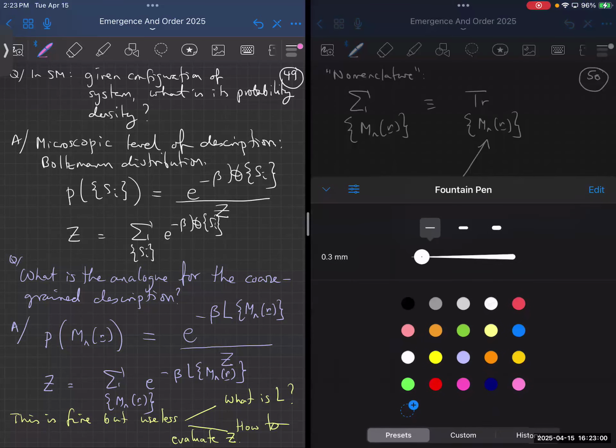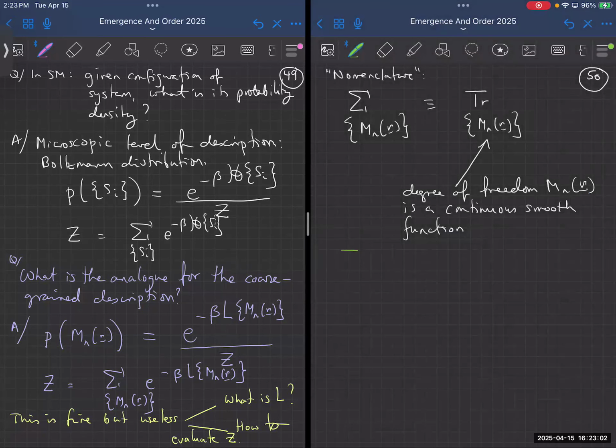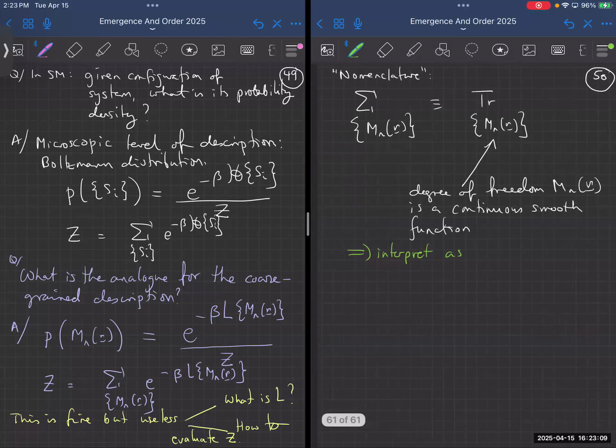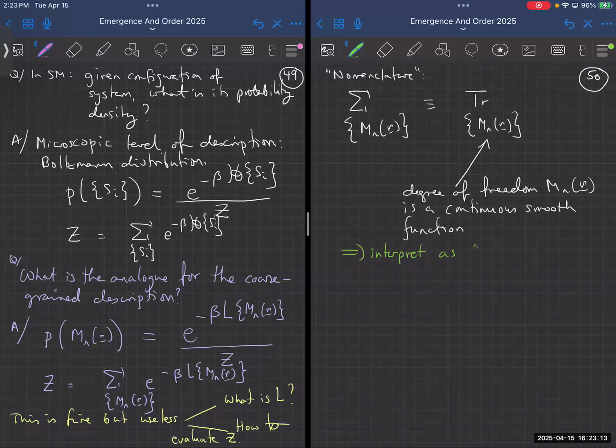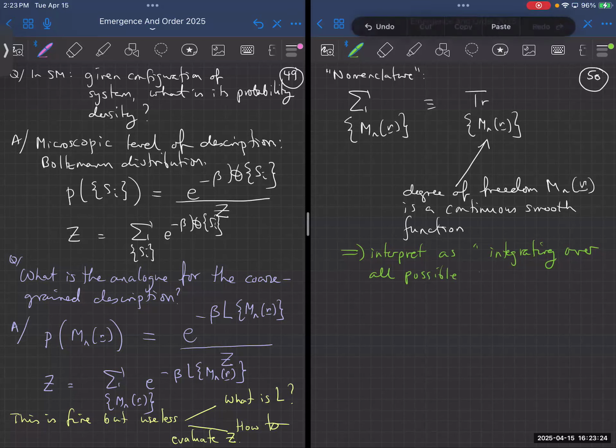So we have to interpret this not as summing over all degrees of freedom of a discrete spin system, but as integrating over all possible smooth, continuous functions.